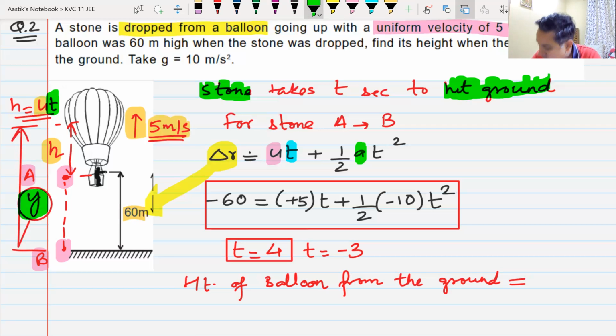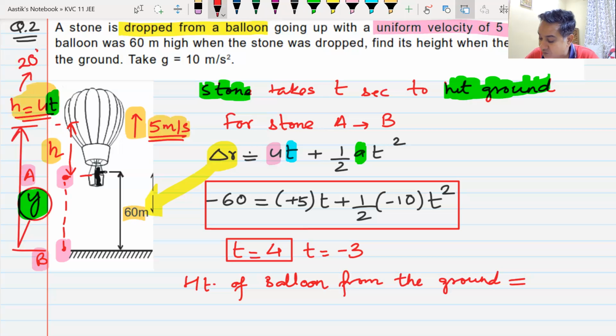Sorry, 80. How did you get 80, beta? H is equal to ut. So u is how much? 5 into t. So 5 into 4, that is 20. So h is 20. But you are saying the answer is 80.